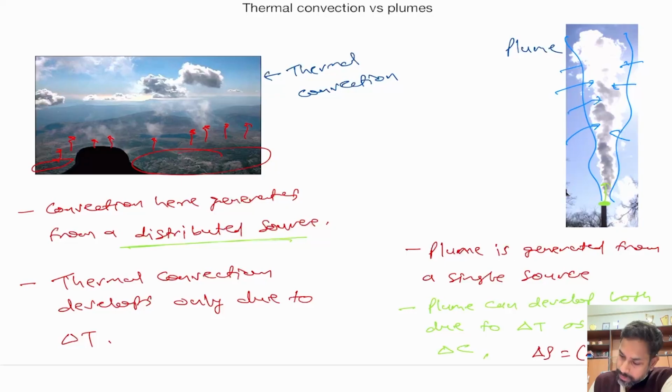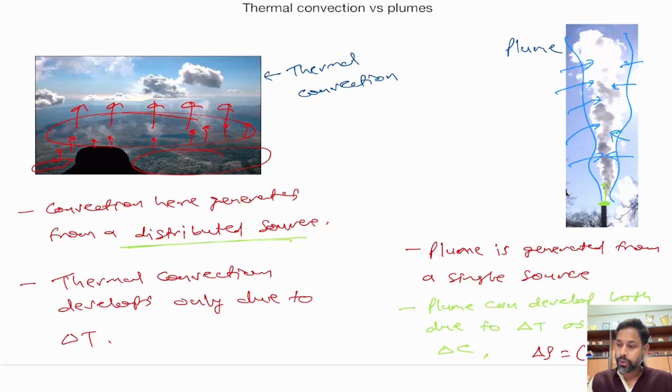In this case, your transverse flow was very important, what is happening from the sides. But when it comes to convection, the transverse flow is not really important because this whole fluid layer is assumed to be rising up. So what happens at the sides are not really important. What happens in longitudinal direction is more important. Okay, and that is another difference between this convection from a distributed source versus convection from a single source.